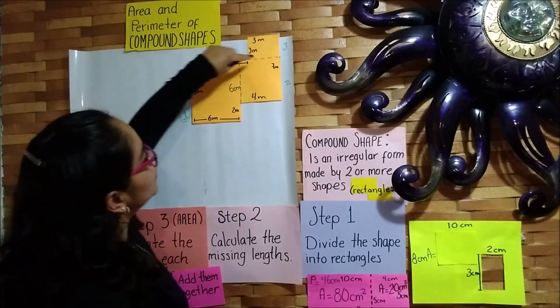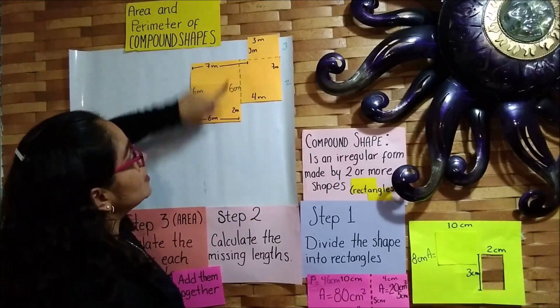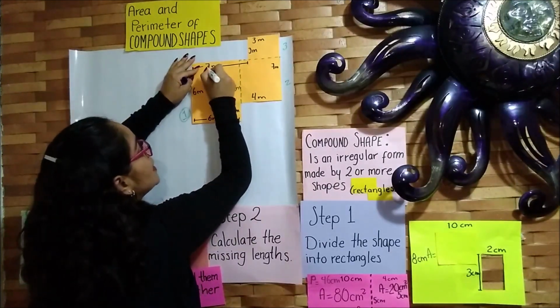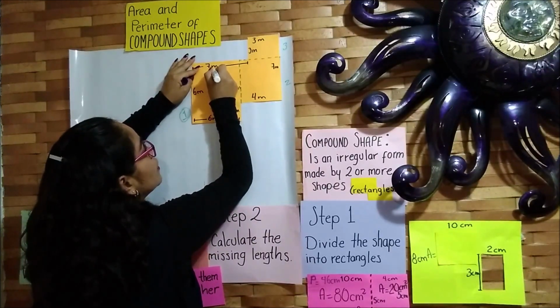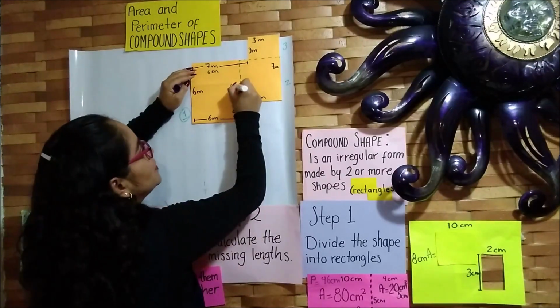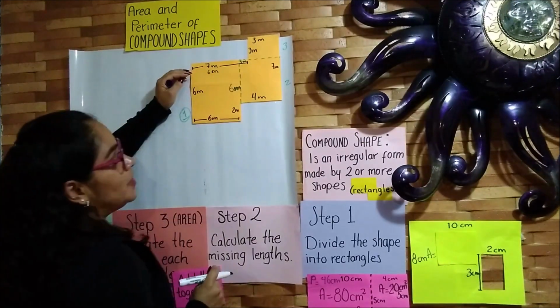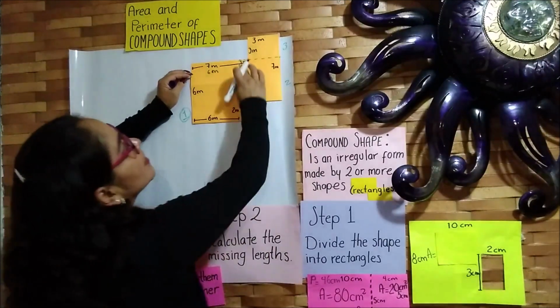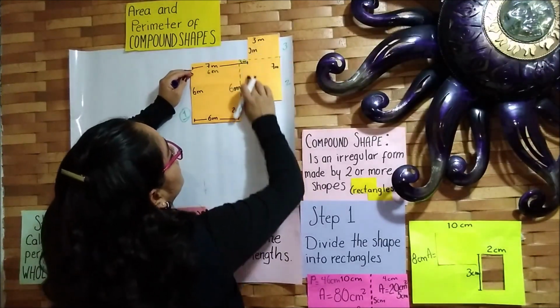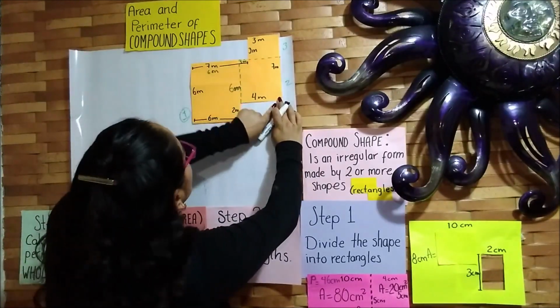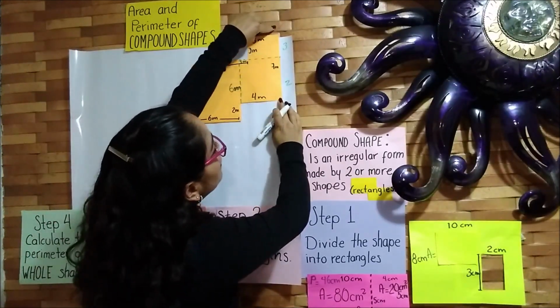And from here to here is 7, but we're using just 6. So it's going to be meters. And this is going to be 1 meter. Okay? And well, this is 1 and 4, and from here to here is 7.